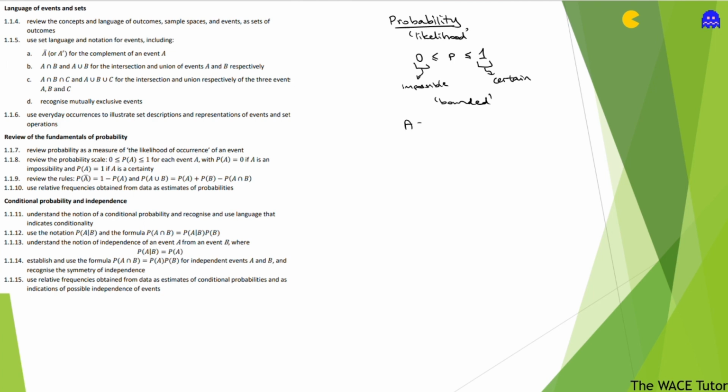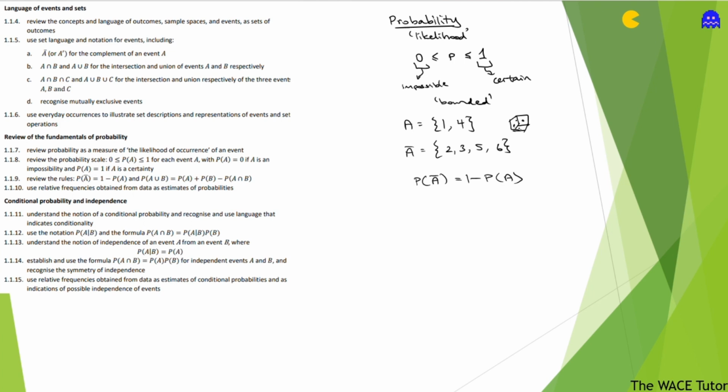If A, again, is the event that we roll a 1 or a 4 on a 6-sided dice, and A bar is the event that we roll a 2, a 3, a 5, or a 6, we can say that the probability of the complement of A is equal to 1 minus the probability of A. Sorry, that should be an A.